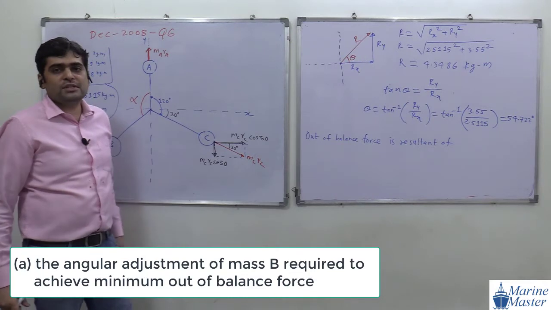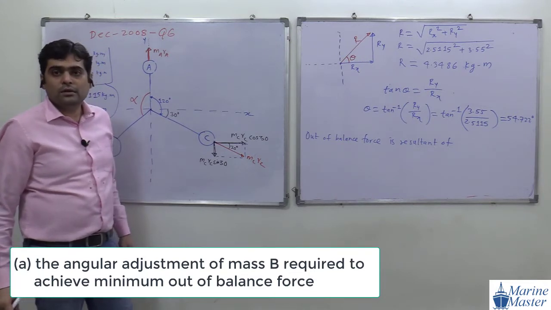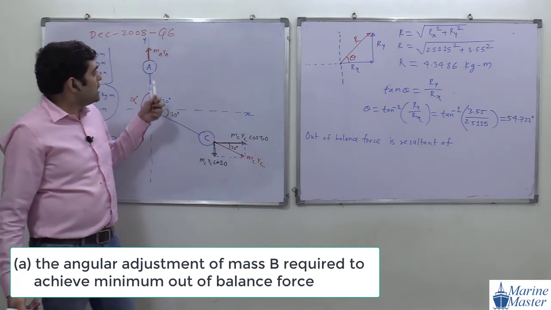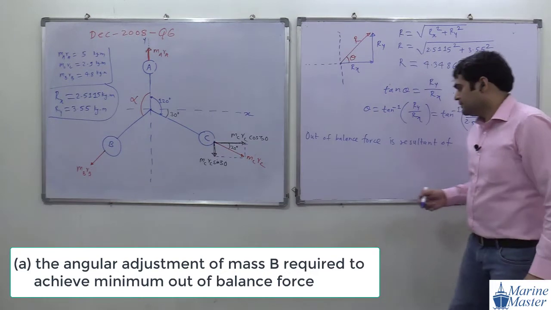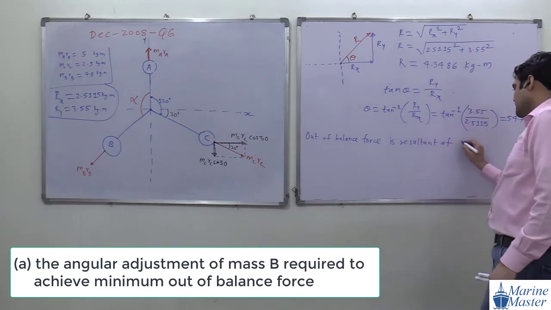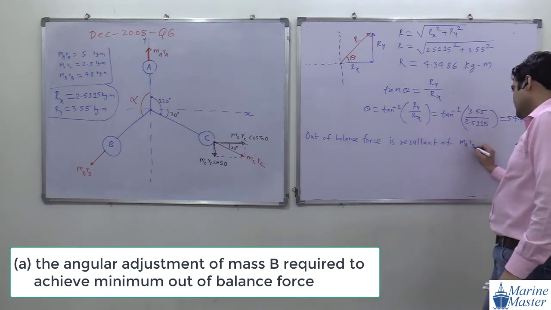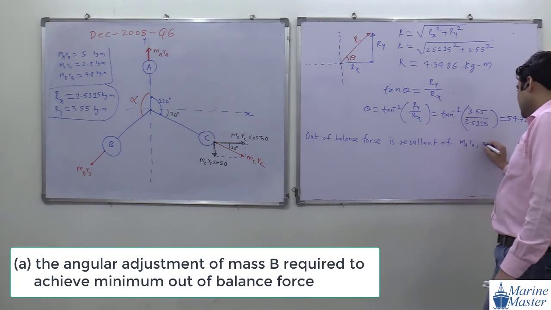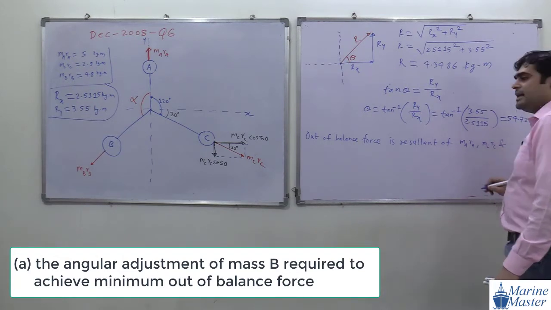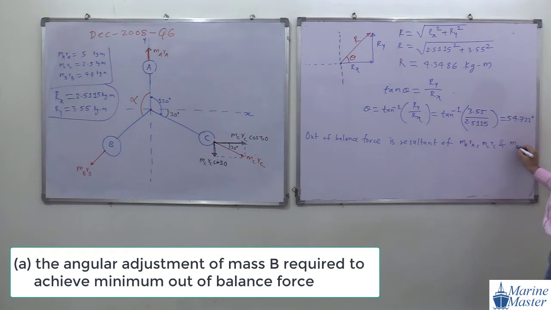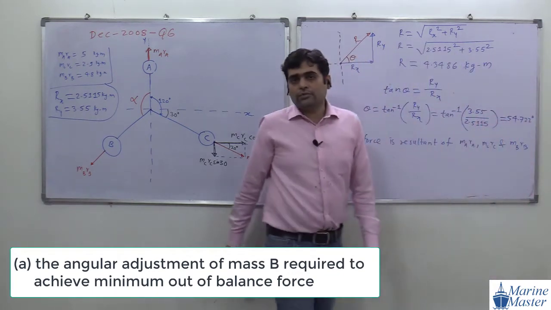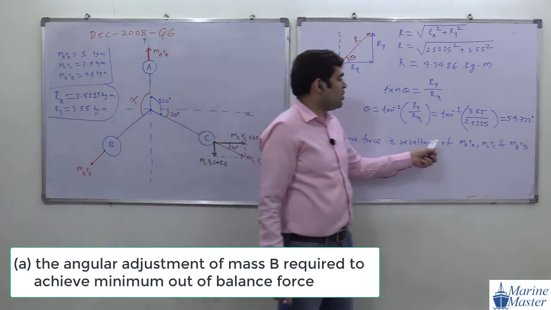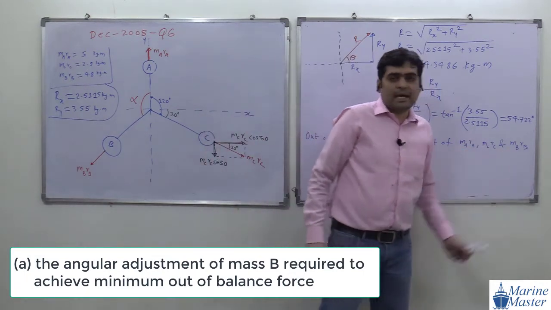It is the resultant of MARA, MCRC and MBRB. So we can say out of balance force is the resultant of MARA, MCRC and MBRB.